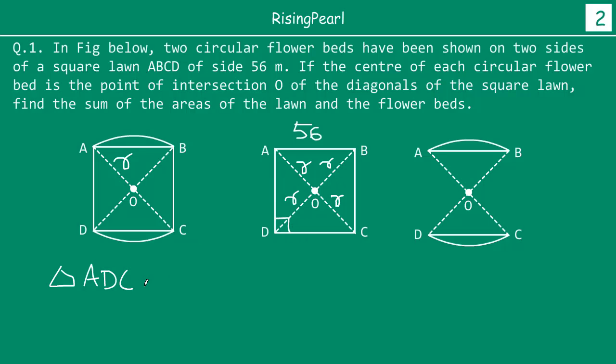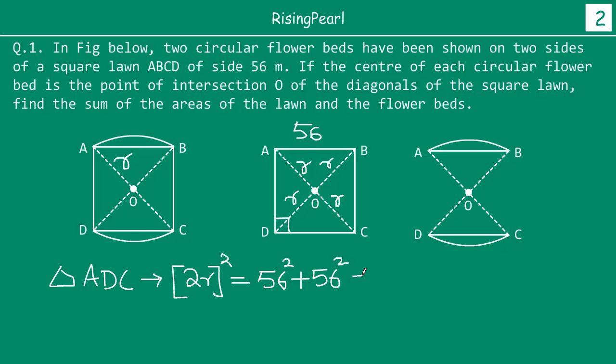So applying Pythagoras theorem, r plus r, this is the hypotenuse, right? So 2r squared should be equal to AD squared, which is 56 squared, plus CD squared, which is 56 squared.